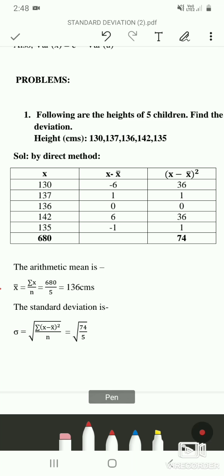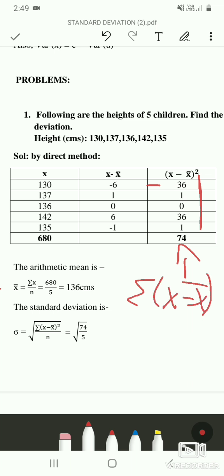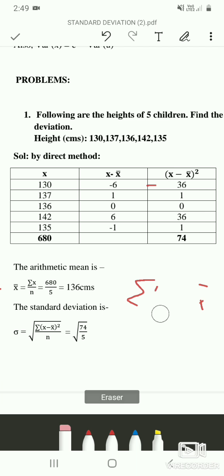Once you get the table of x minus x bar, the next step is to obtain (x minus x bar) whole square, so you have to square each value. Minus 6 square is 36, then 1 square is 1. Similarly obtain it for all the values, and when you add these you get the value of summation (x minus x bar) whole square, which is 74.